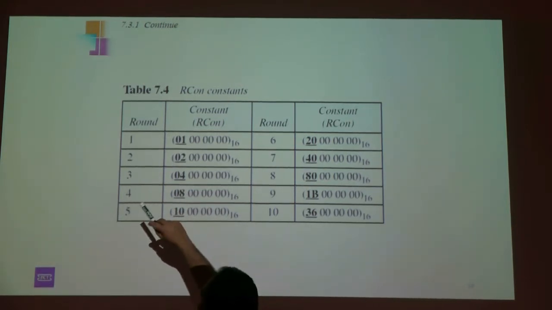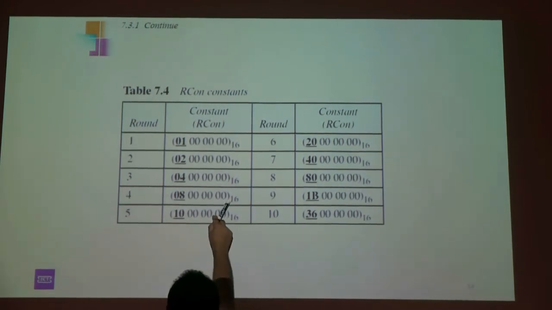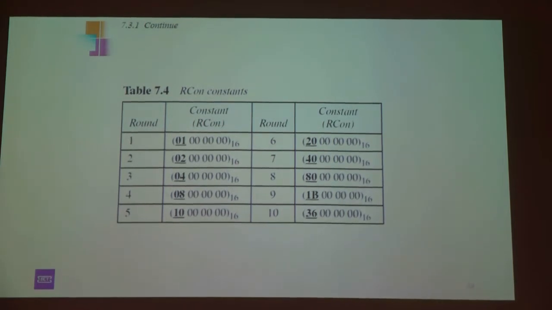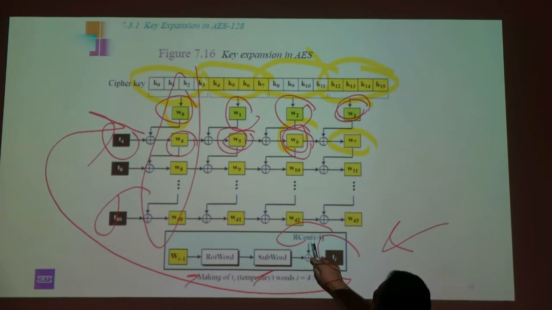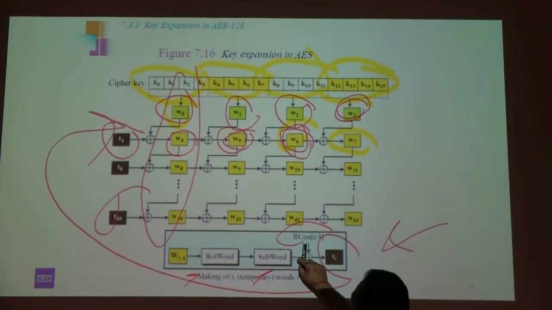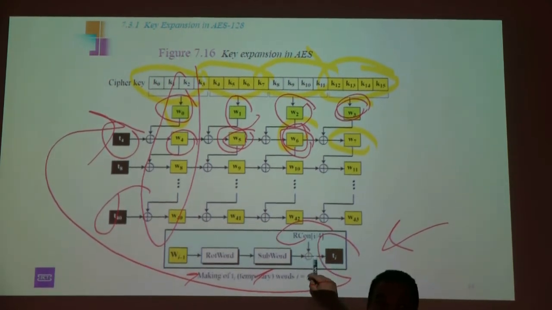For example, if you are doing round 4, you take this and substitute it here. So this is the round constant. Each round has a constant, and you take it depending on the round.